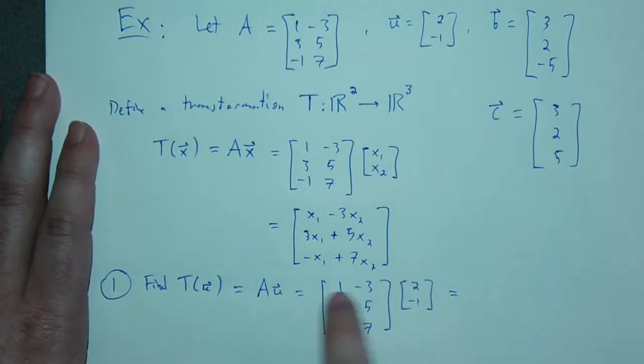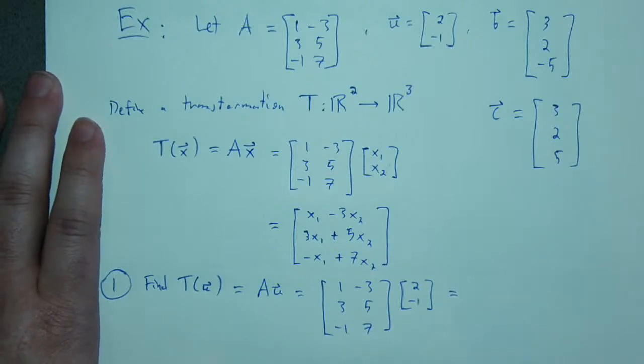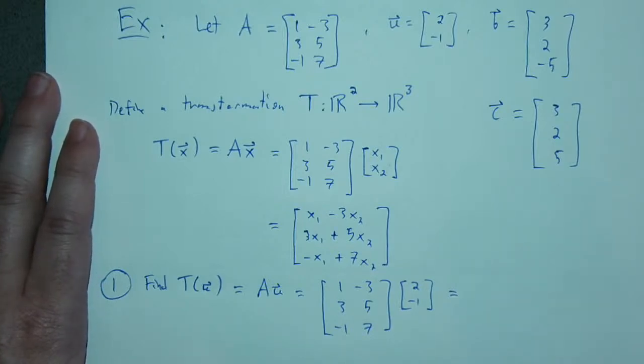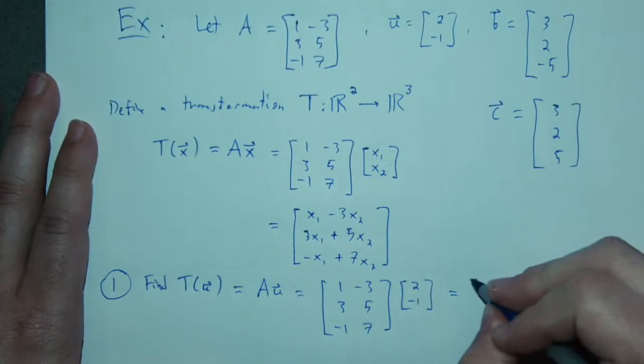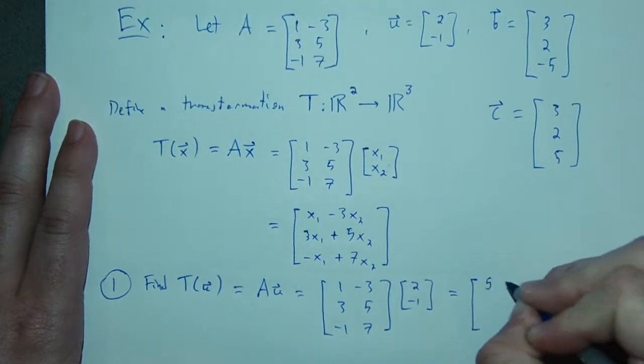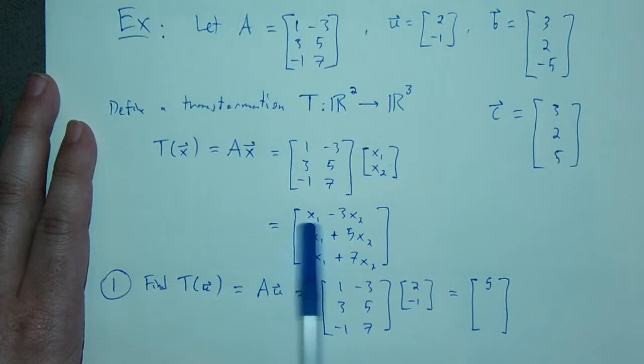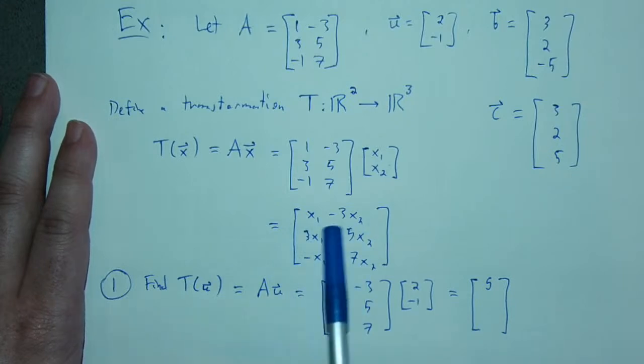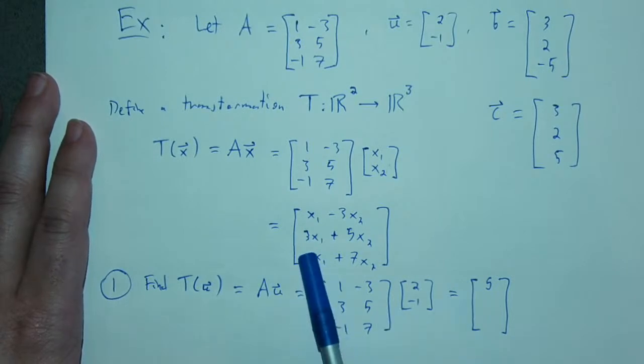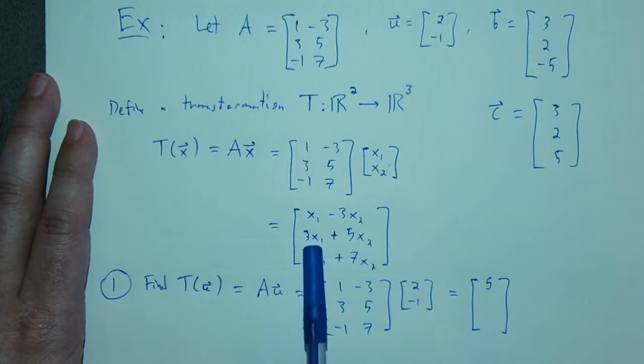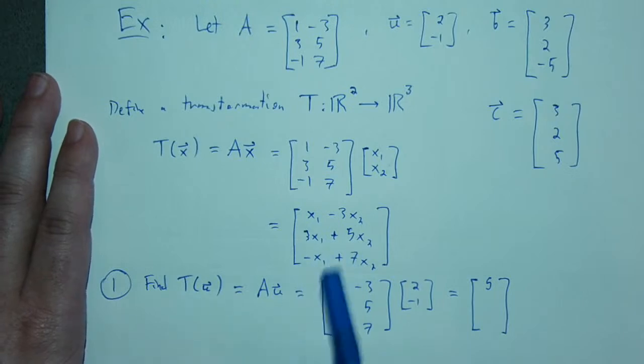I get 1 times 2 plus minus 3 times minus 1, so that is 2 plus 3, so that's 5. Again, you could have used this formula. So in the next slot, I would get 3 times 2 plus 5 times minus 1, so that's 6 plus minus 5, so that's 1.